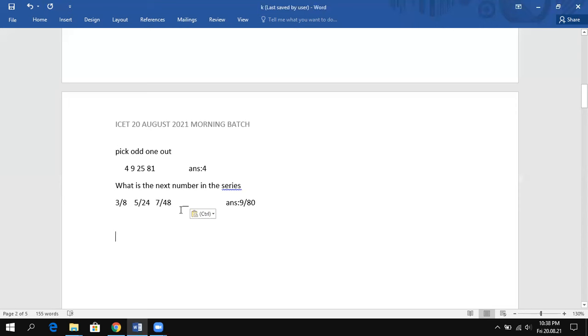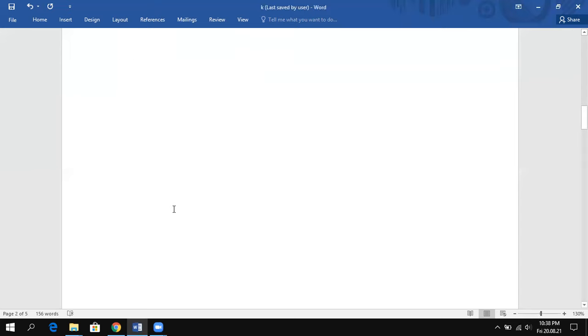So the next prime number would be 11, so one of the possible options could be 11/80 also. If any of these is present in the options, you can directly put it down. There is no other way of looking at this question.